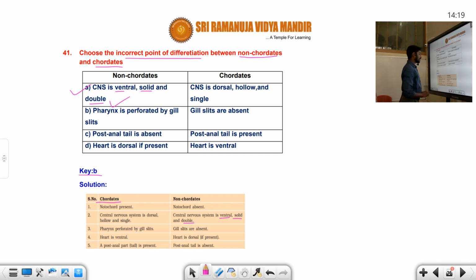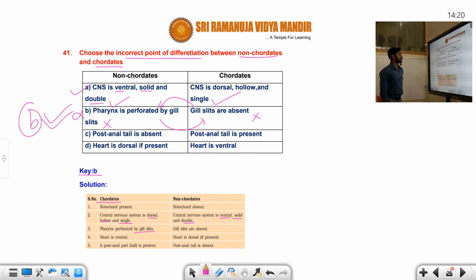Now coming to the non-chordate, the pharynx is perforated by gill slits. That point actually belongs to chordates. It is not at all information for non-chordates. The gill slits are absent is the option for non-chordates. So this is an incorrect point for the differentiation between non-chordates and chordates. So B is the correct option for 41 now.